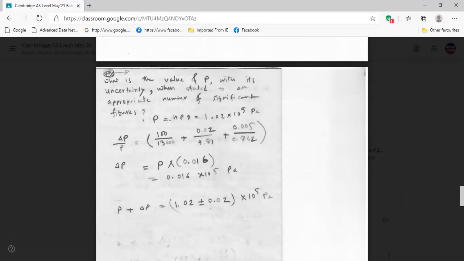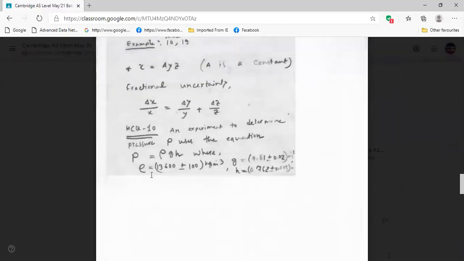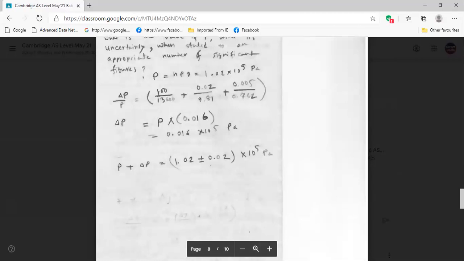You can also try. Then how can we get the absolute uncertainty from here? You have to use the fractional uncertainty rule. Del P by P equals 100 by 13,600, because for rho we got the absolute uncertainty 100 and the measured value 13,600.